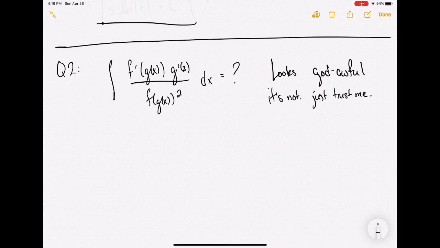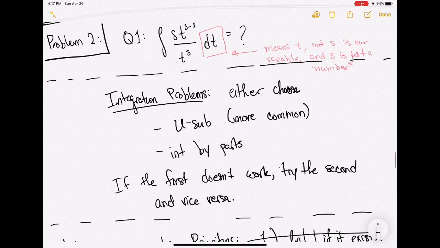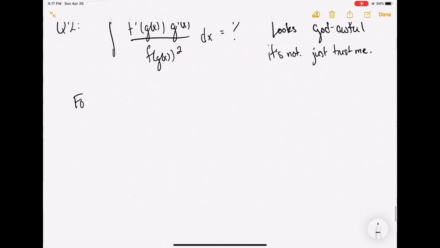The reason why it's not is because we follow what we do for integration problems. You choose u sub or integration by parts, and u sub is more common. So for most integration problems, we use u sub. So we'll try it.